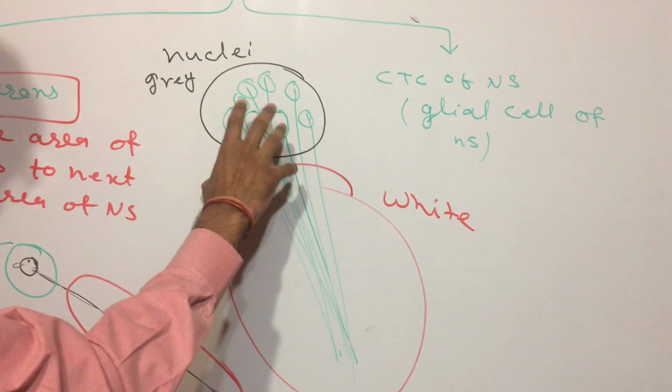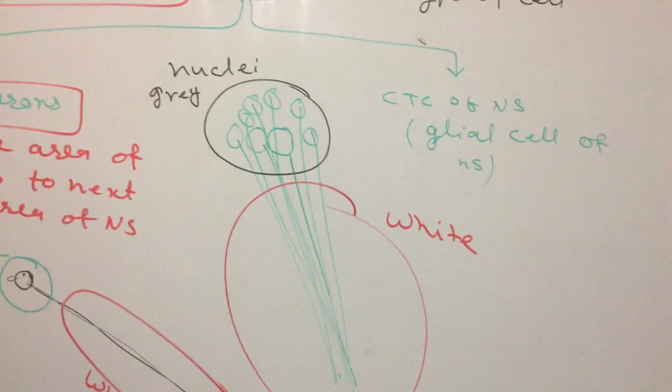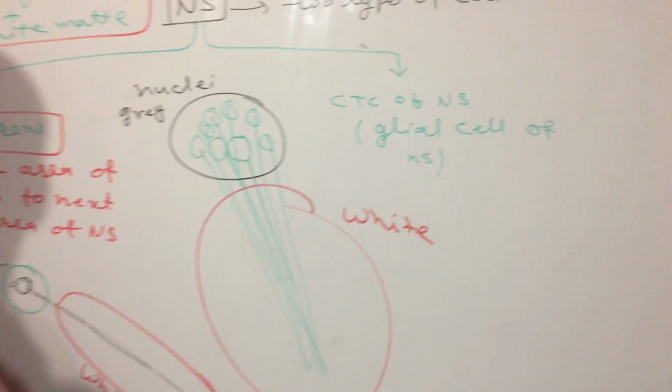How are gray matter and white matter, or neurons and nuclei, arranged in the central nervous system? Let's see.